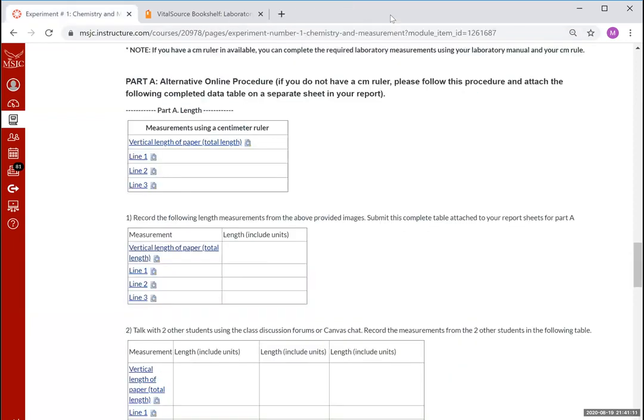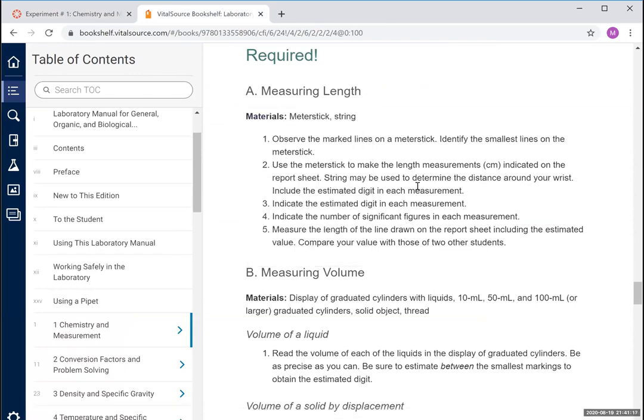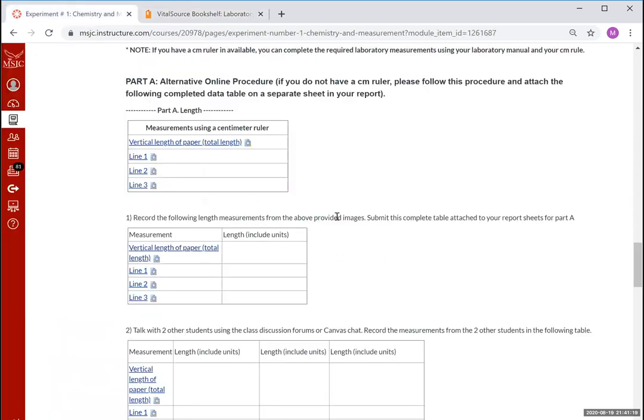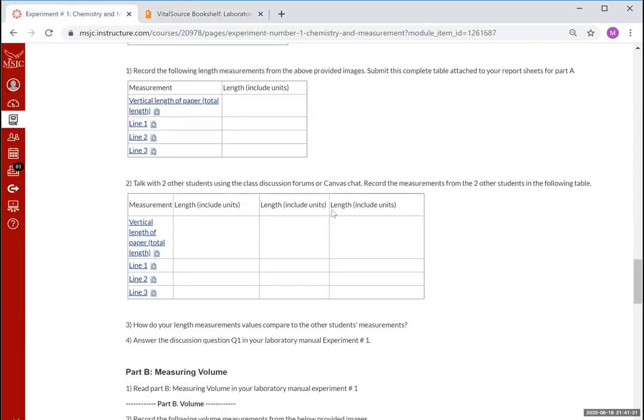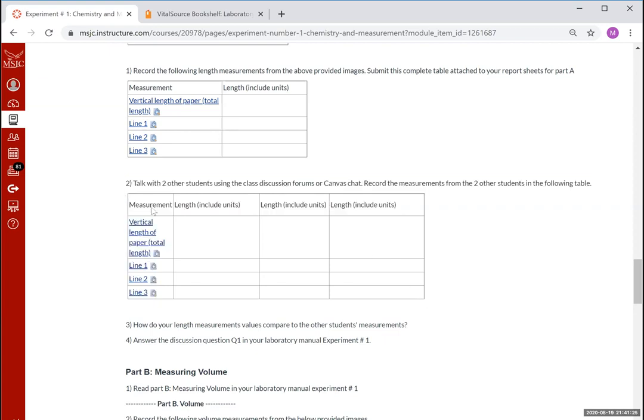This lab will be due not this coming Sunday, but next Sunday, because I'm still going to give you some more time to work on this lab. Once you've taken your measurements, you're going to have to collaborate in the discussion forum with 2 other students, and compare your measurements and see whether they are similar or different.